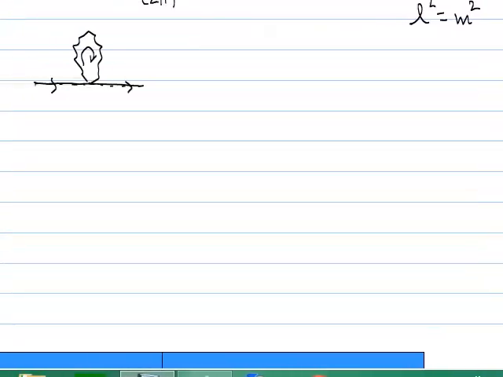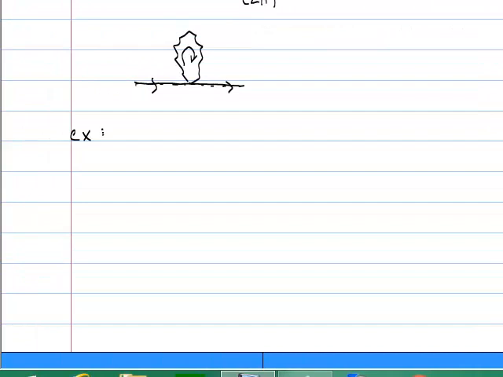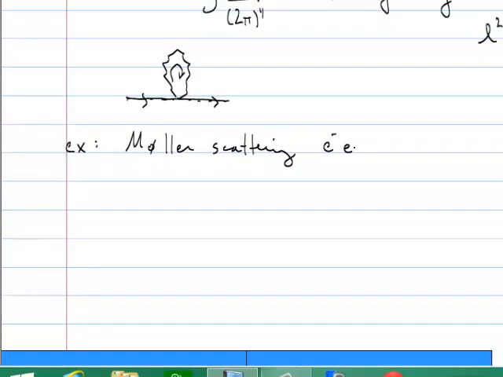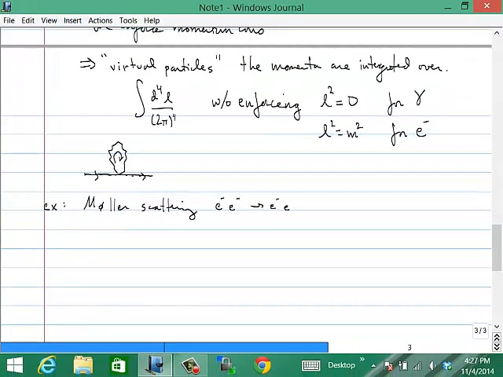So let's do a couple examples. Let's do what's known as Moeller scattering, which is the scattering of two electrons off of each other in quantum electrodynamics.